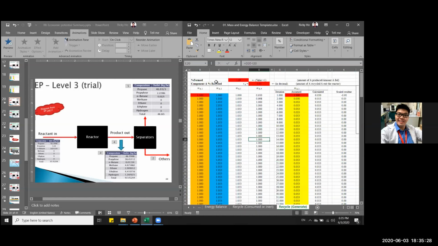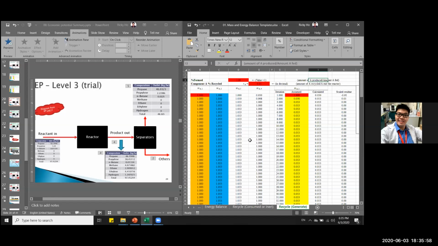Okay. Again, there are 4 highlights. These are the only things that you need to edit. For the first highlight, you need to see how much percentage of propylene you produce, or the product you produce. The value should be more than 1 because your product will be more than your initial reactant. The equation here is the amount of A produced over the amount of A fed.